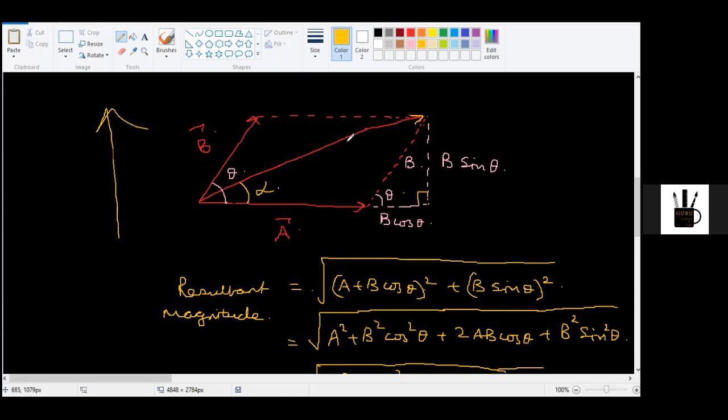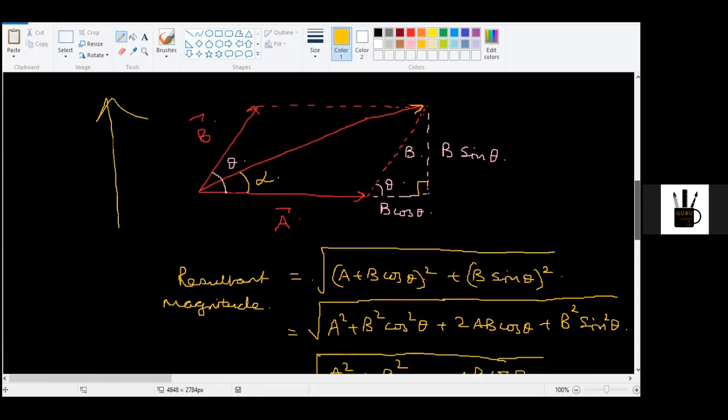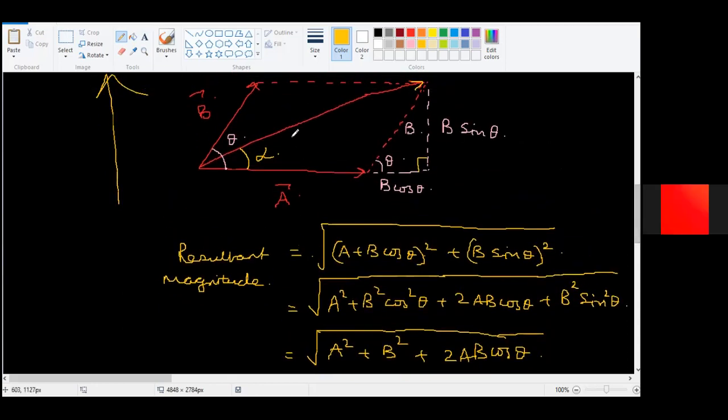The resultant is a vector, right? That means magnitude alone is not sufficient. I have to give the angle also. So what is the angle, or in which direction is it acting? Everyone following what I'm saying? So vector means you have to give the angle also.